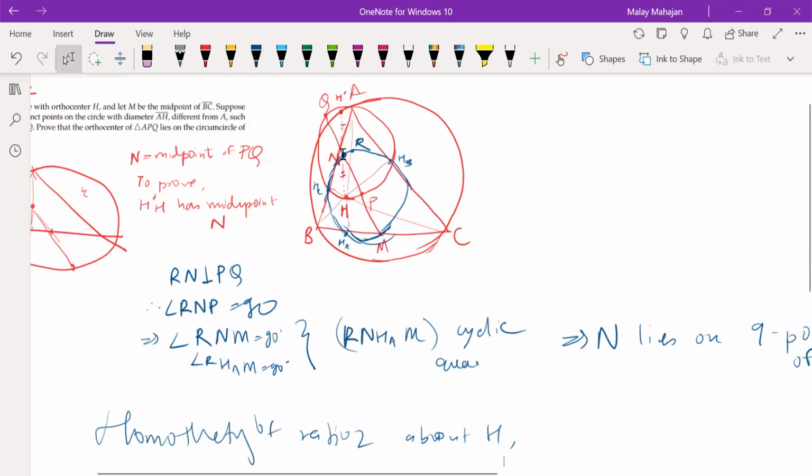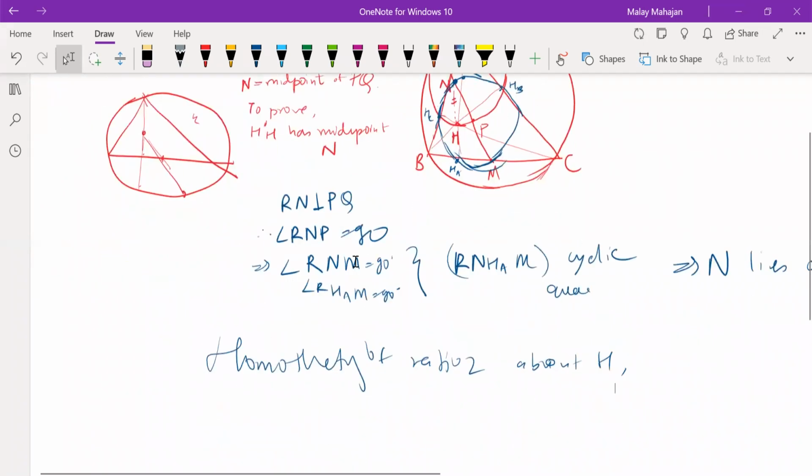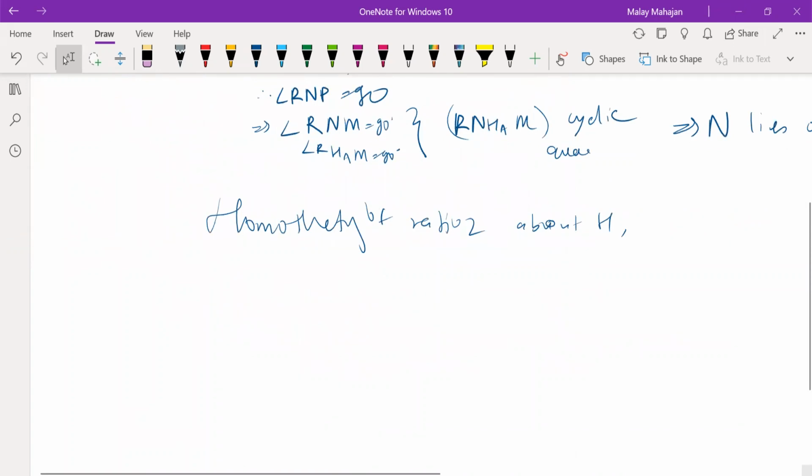So this reflection will be the orthocenter of APQ, which lies on circumcircle ABC. So is the proof clear? Yeah. Okay, cool. So let's move on.